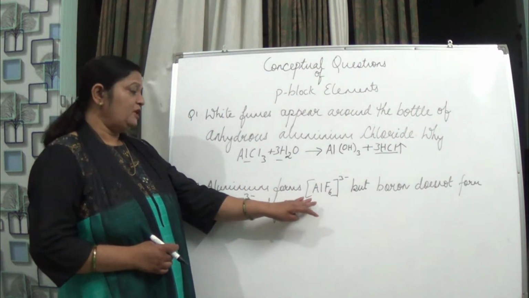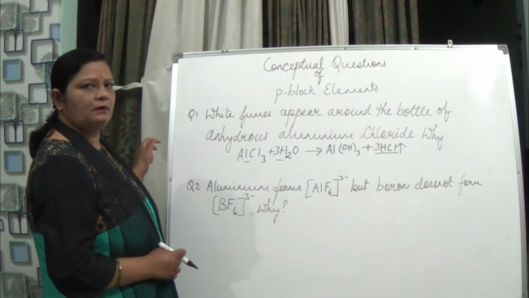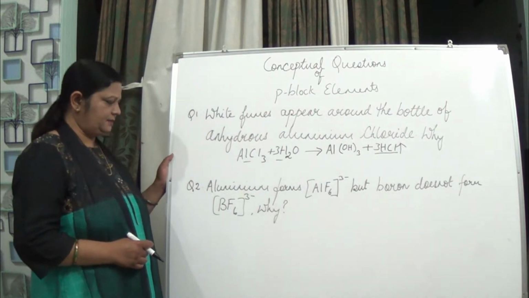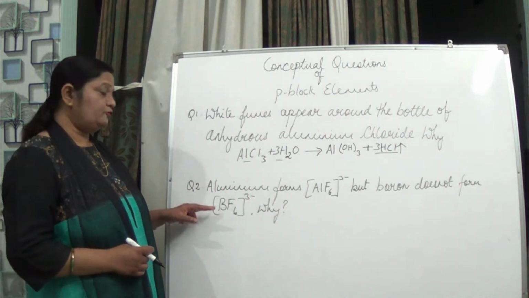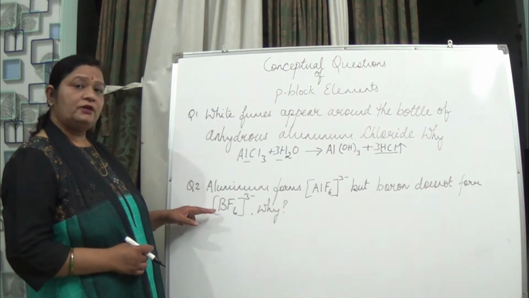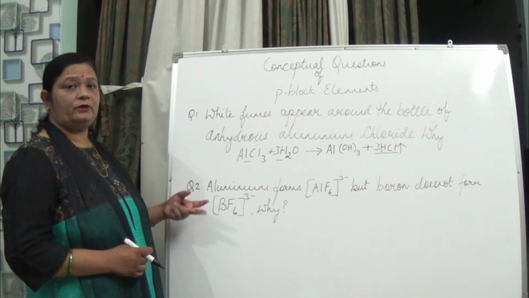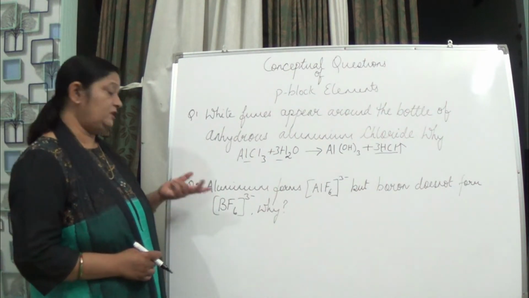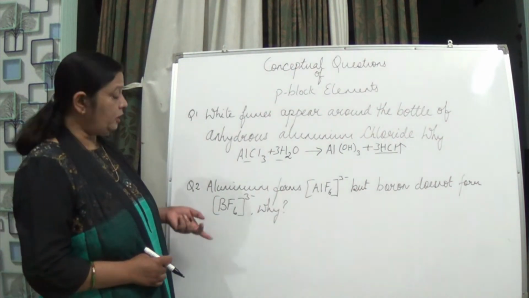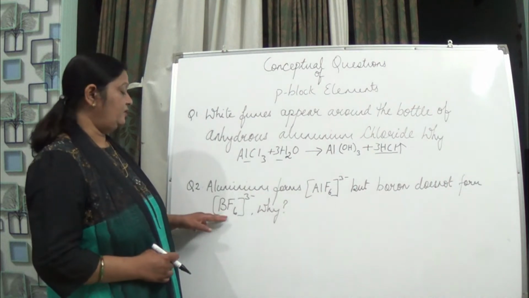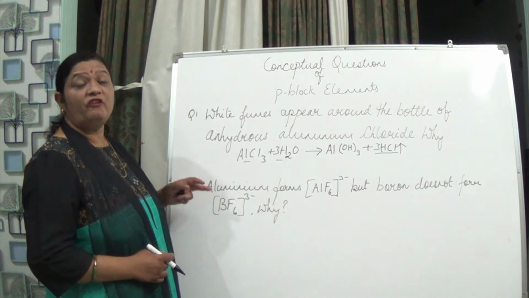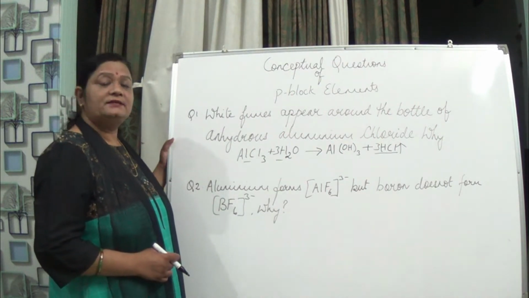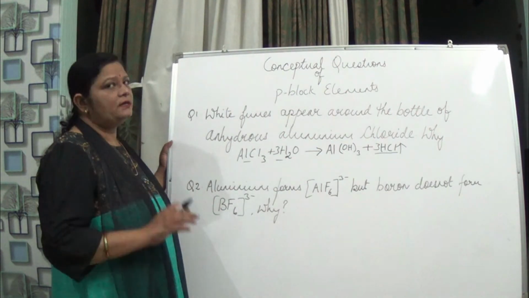So the first thing which comes to our mind is that for group 13, boron is the first element. So the first element of any group, if we take group 1, 2, 13, 14, all of them show anomalous properties. Why? Because it has too small a size.